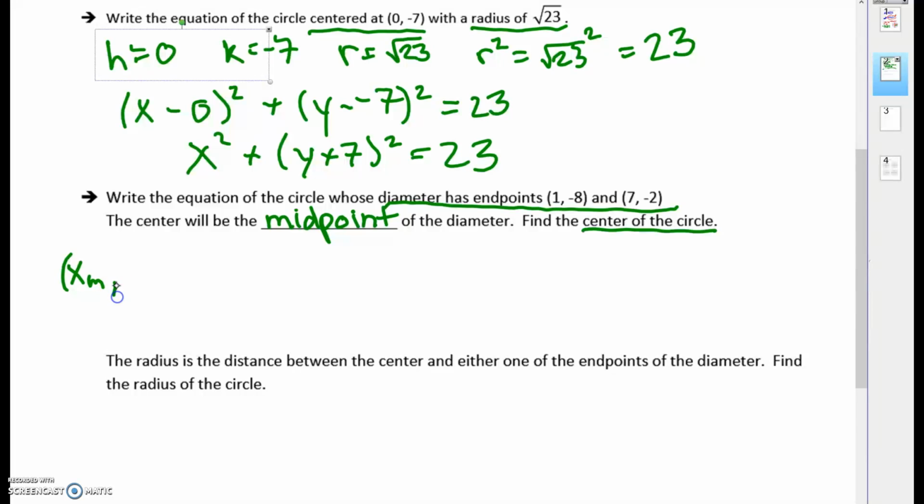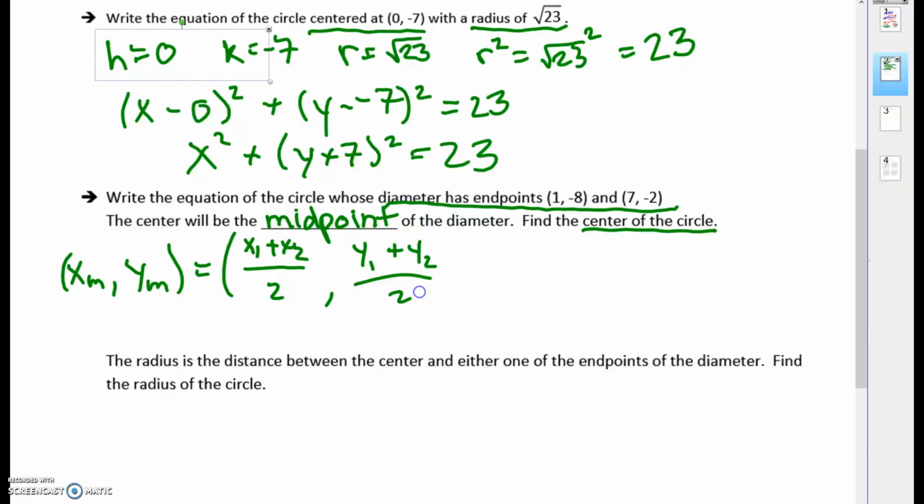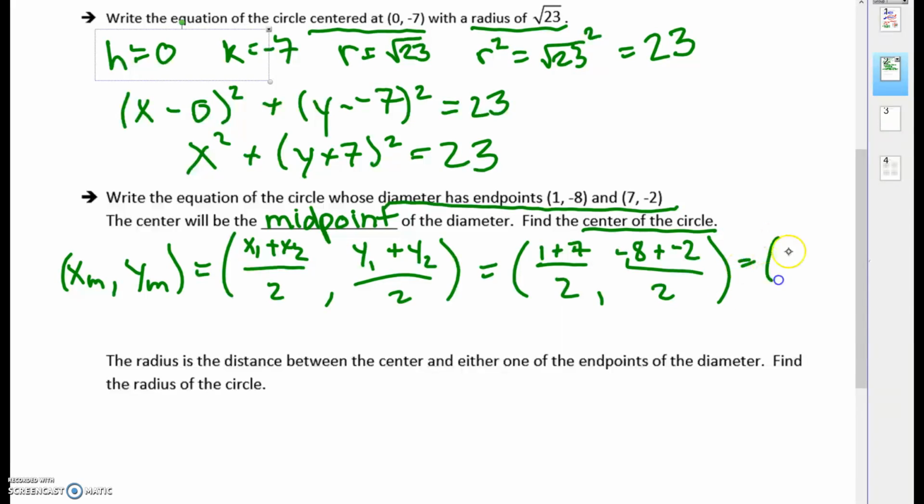Remember, xm comma ym is equal to x1 plus x2 over 2 comma y1 plus y2 over 2. Well, we plug in. My x values are 1 and 7, and my y values are negative 8 and negative 2. So I get 8 over 2 comma negative 10 over 2, which gets me 4 comma negative 5. So this is my center.